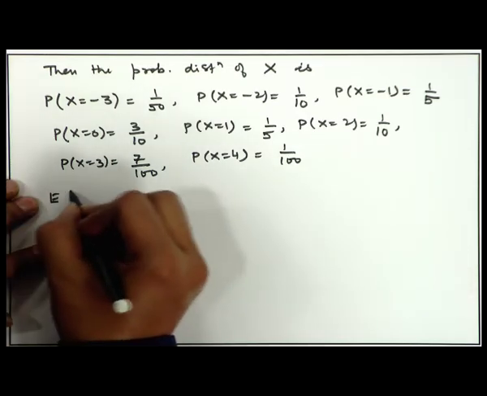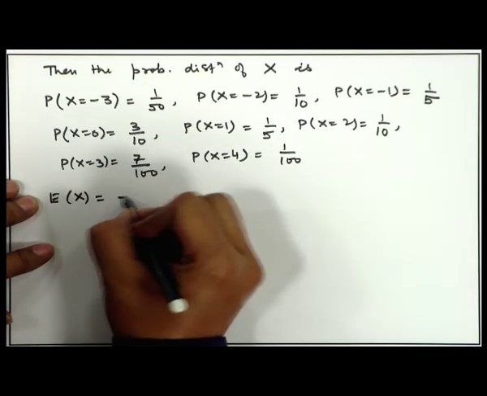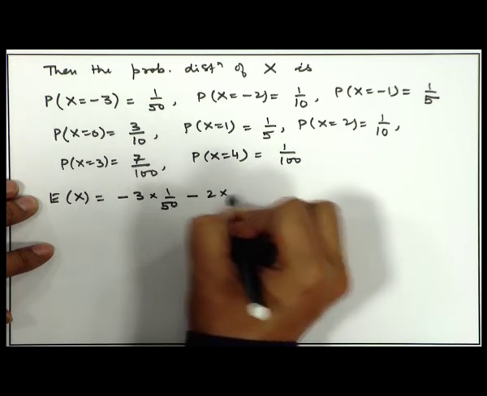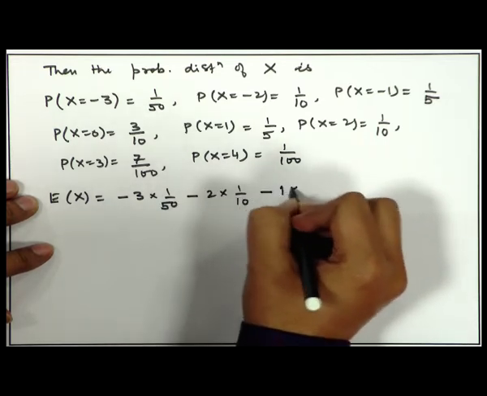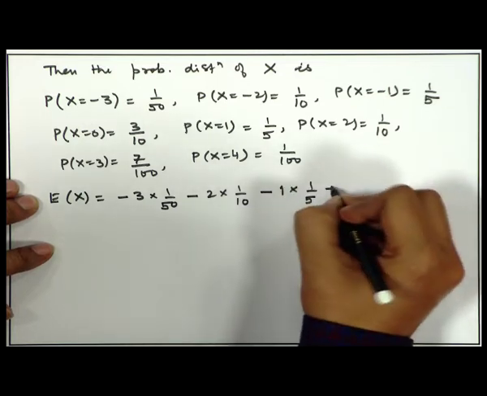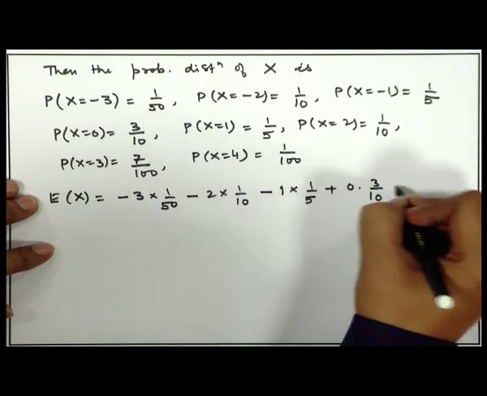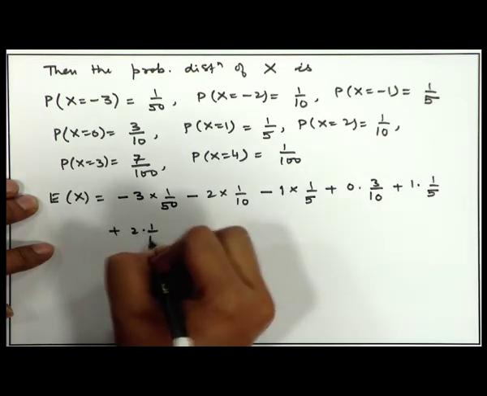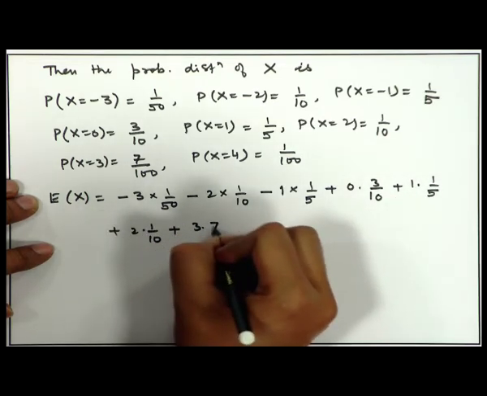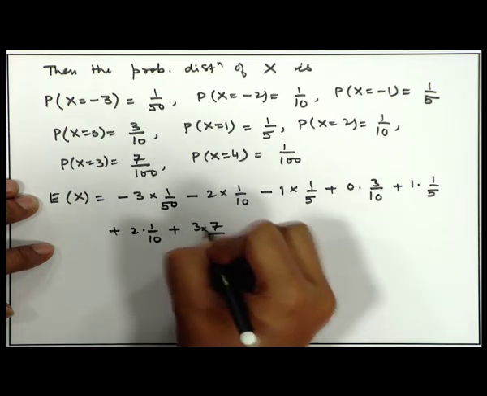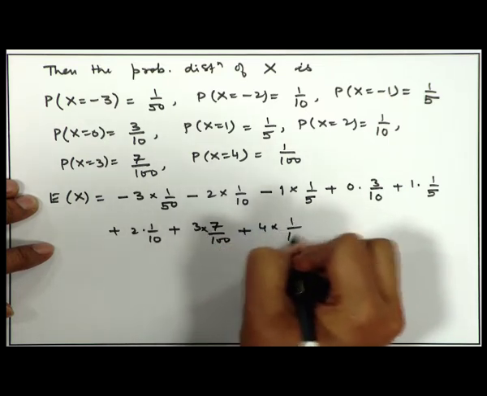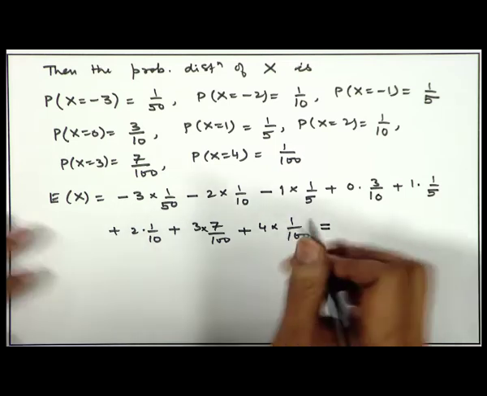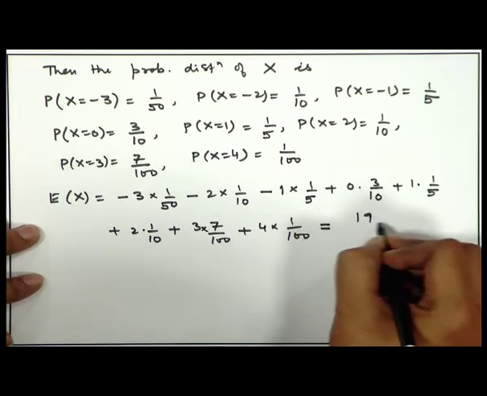So, expectation of x is nothing but minus 3 into 1/50, minus 2 into 1/10, minus 1 into 1/5, plus 0 into 3/10, plus 1 into 1/5, plus 2 into 1/10, plus 3 into 7/100, plus 4 into 1/100. So, we can easily evaluate this, it is equal to 19/100.